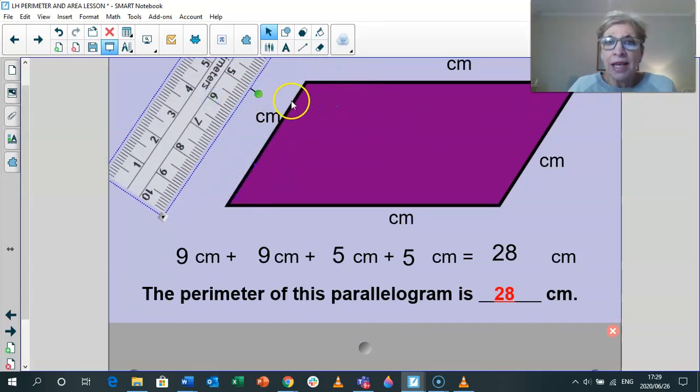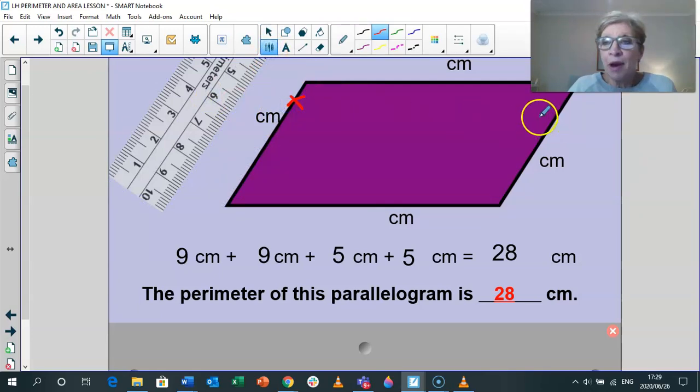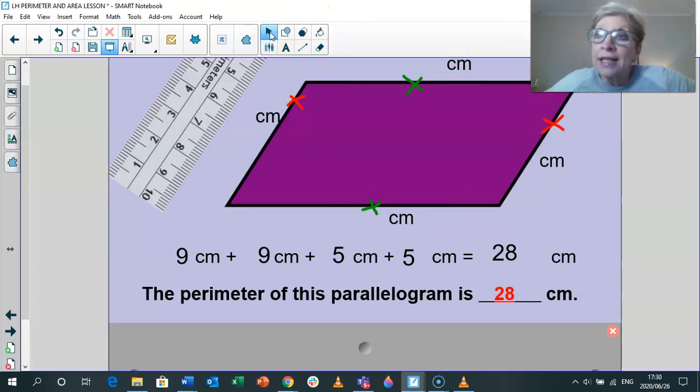So the perimeter of this parallelogram, and why we call it a parallelogram, is that this line here is parallel to that one. And parallel lines, I'll explain just now what they mean. This line over here is parallel to this line, and if you keep drawing those lines, they will never meet. Parallel lines never ever will meet.